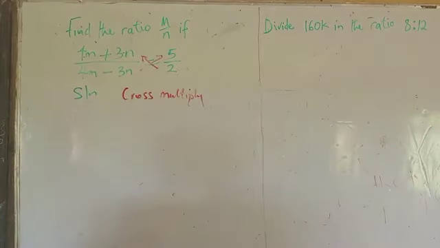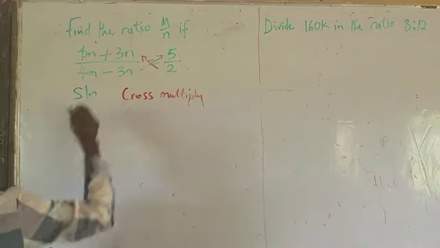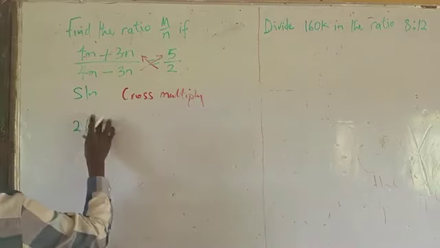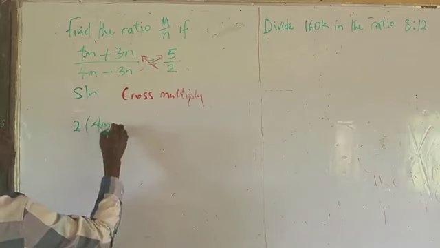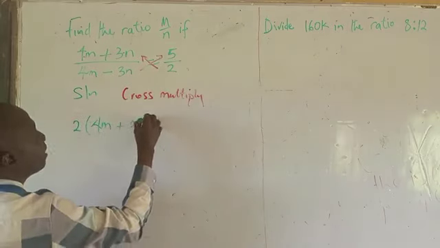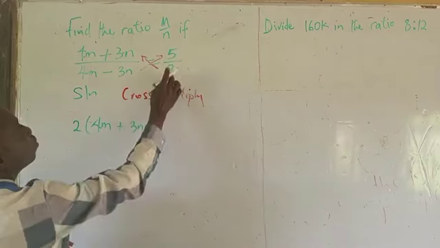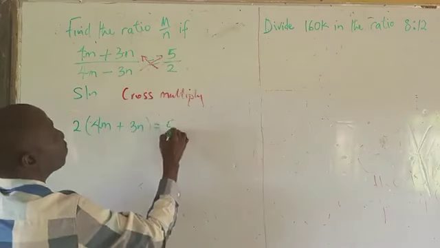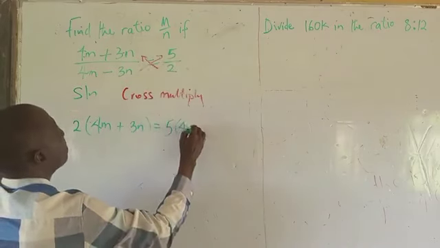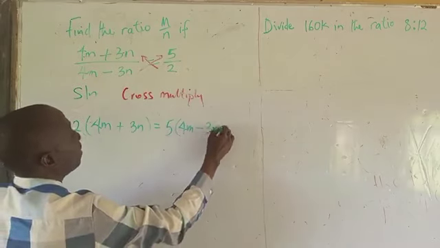And if we do that, it will become 2 into 4m plus 3n equals 5 into 4m minus 3n.